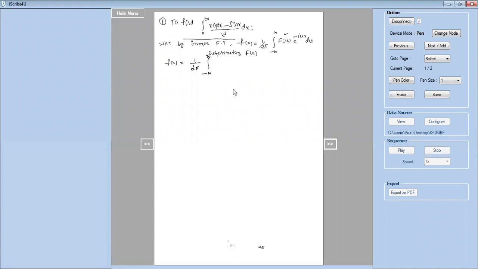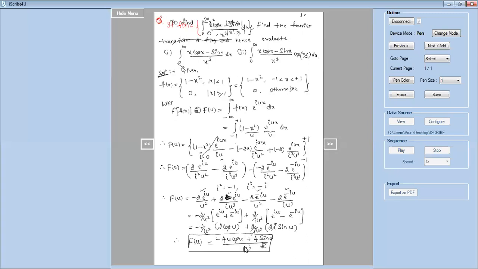So substitute your F of u now. So 4 is common. I'll directly write like this: (sin u minus u cos u) divided by u cube into e power minus iux into du. Correct? So this F of u I've rewritten, that's all. So 4 is common, and sin u minus u cos u by u cube was written here.